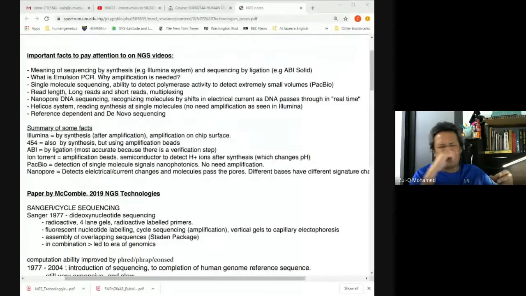Regardless of what term you use, some people call it third generation. But in terms of development, Sanger sequencing, then next-gen sequencing by synthesis and so on, required the amplification step. And then you have the next generation which doesn't require amplification.